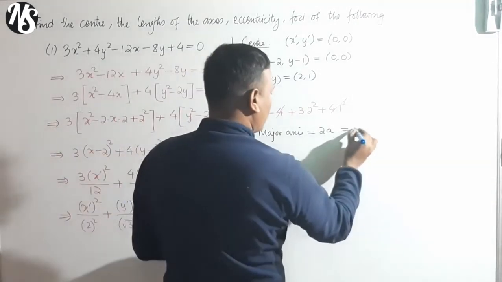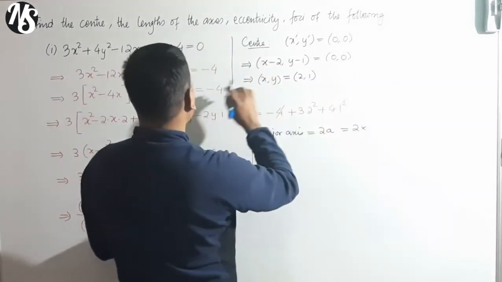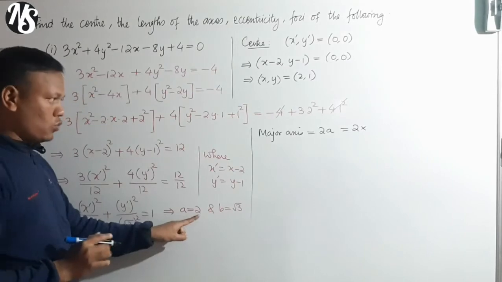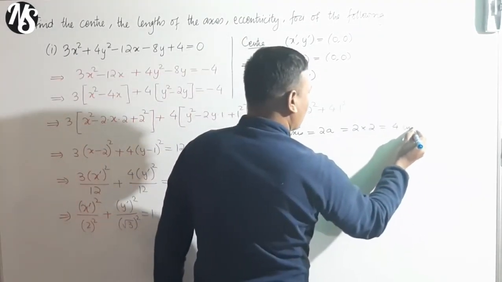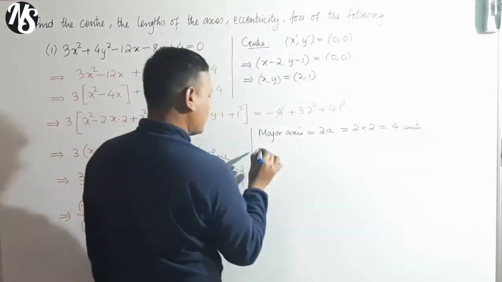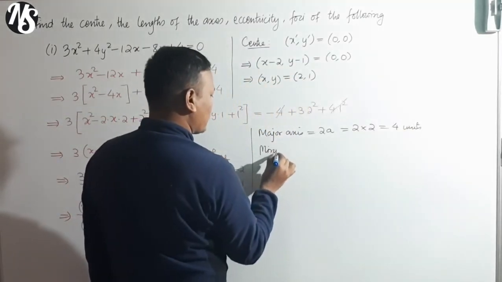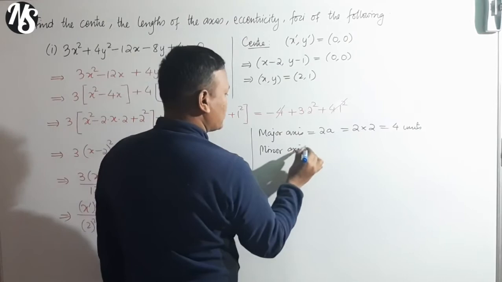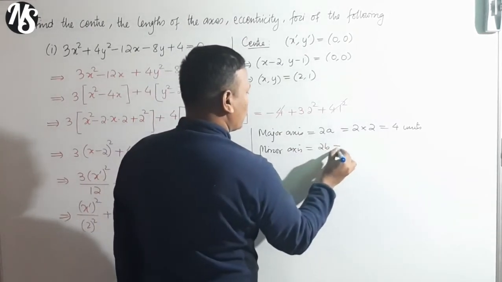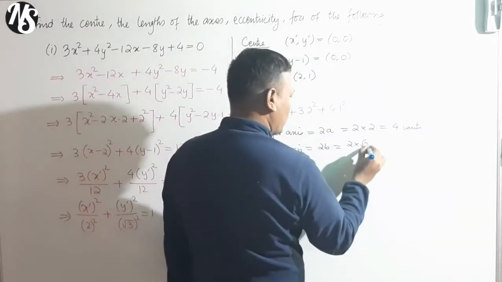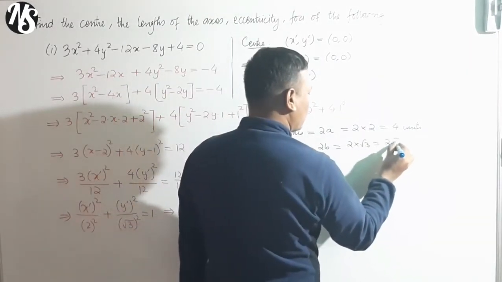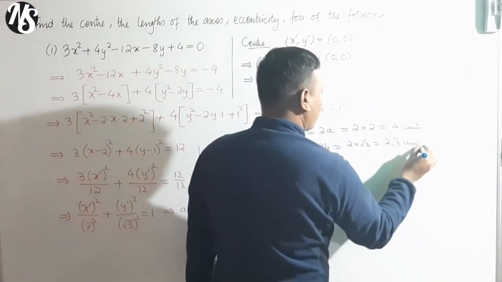A is 2, right? So this equals 2 into 2, that is 4 units. Next is the minor axis. Minor axis is 2b. So 2 into b, and b is root 3. So my answer turns out to be 2 root 3 units.